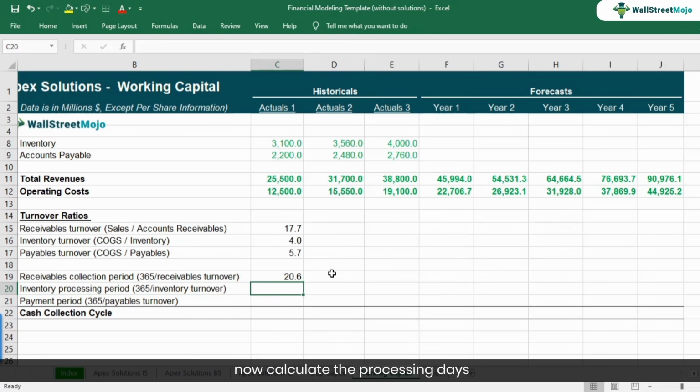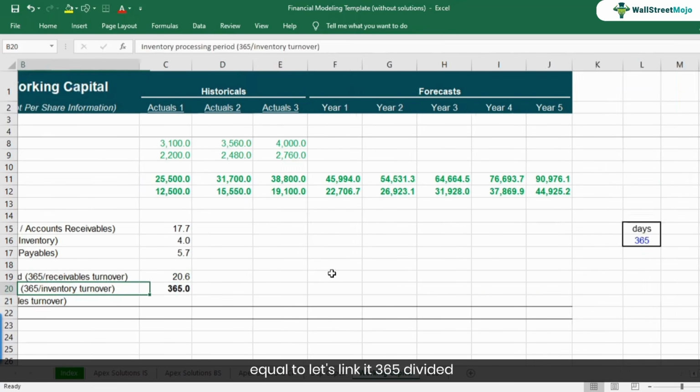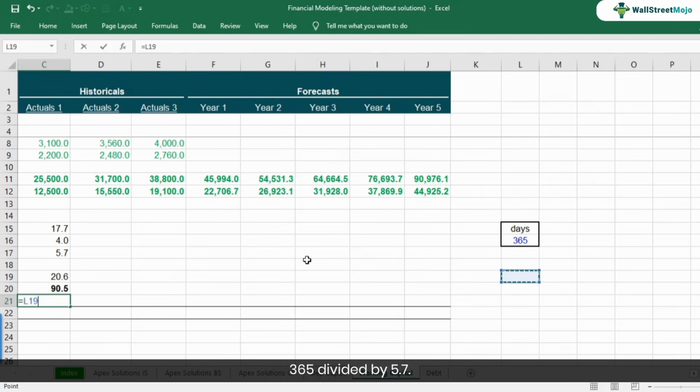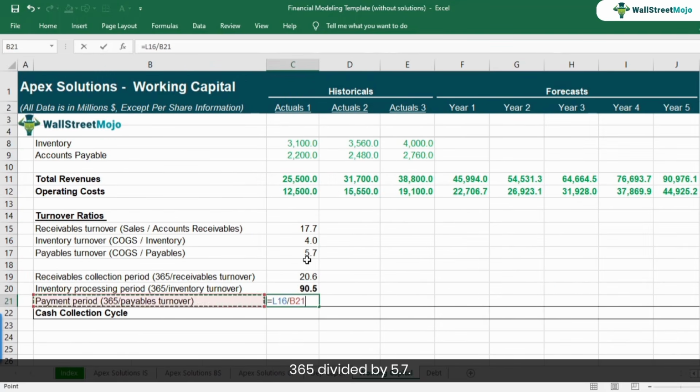So let's now calculate the processing days and the payments period. So here this will be equal to, let's link it, 365 divided by 4. So it comes out to be 90.5 days. And the payments period will be equal to, again, 365 divided by 5.7.